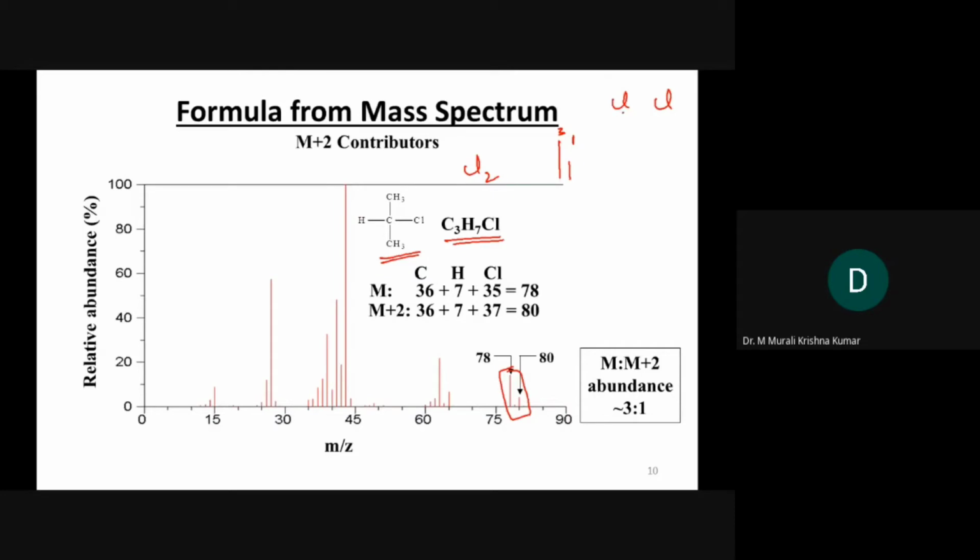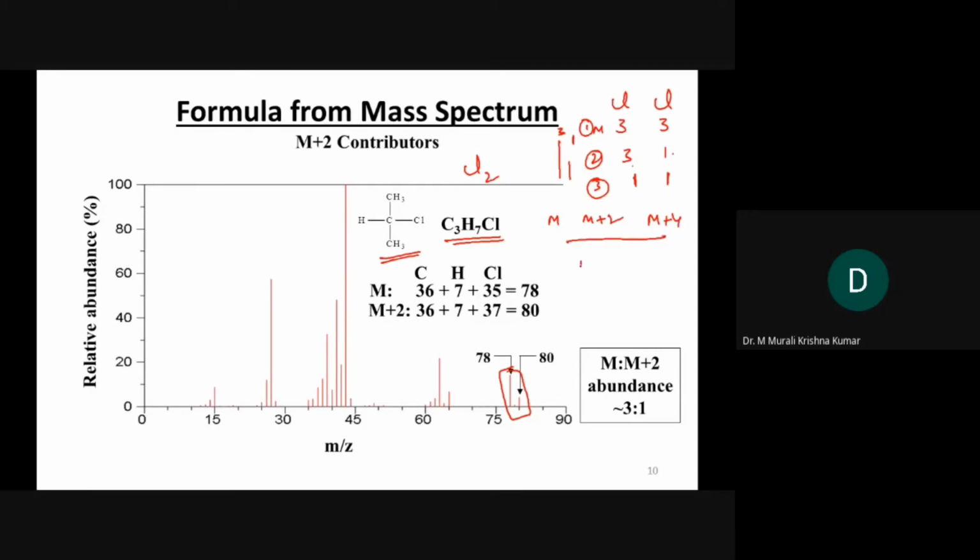First possibility, this chlorine can be 3 and this chlorine can be 3, means M. The second possibility is this can be 3 and this can be 1, means M plus 2. Third one is this is 1 and this is also 1, that is M plus 4. So these are the three possibilities.